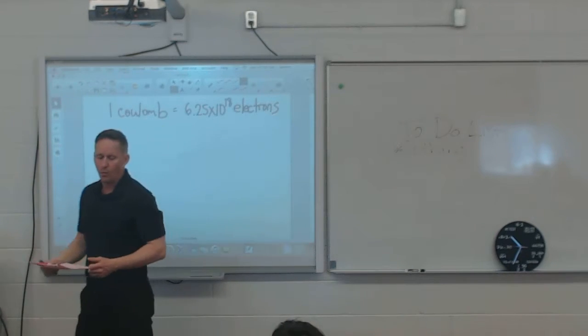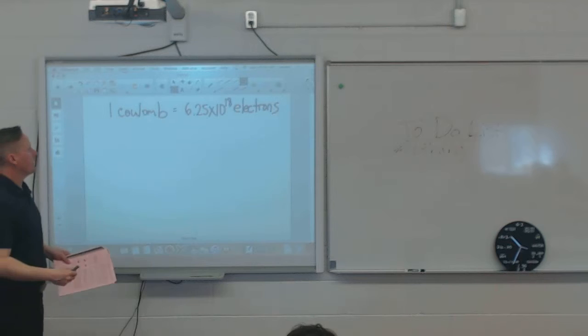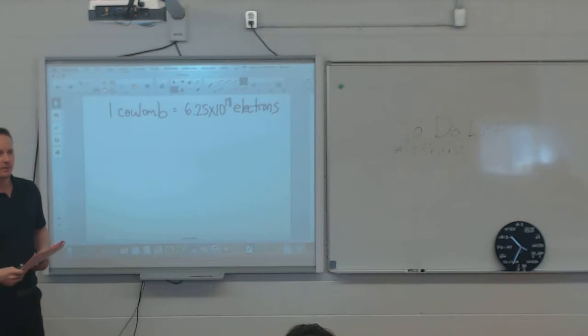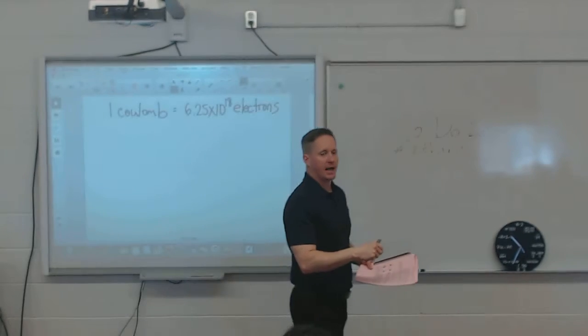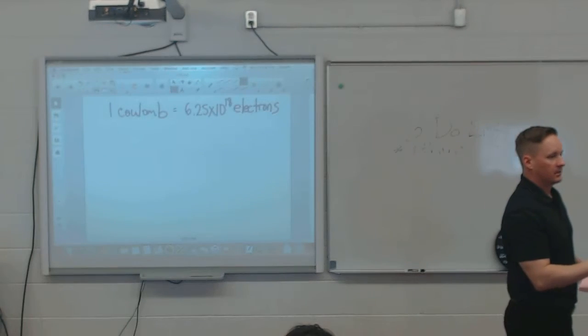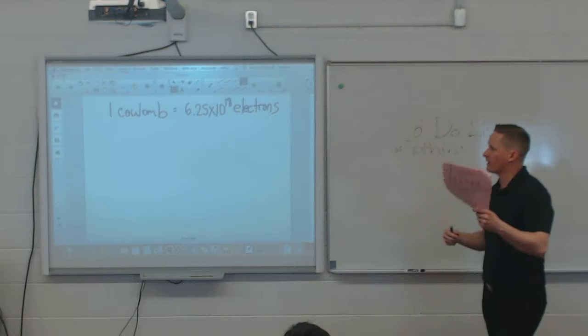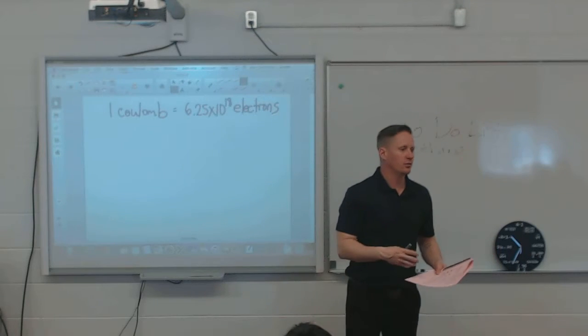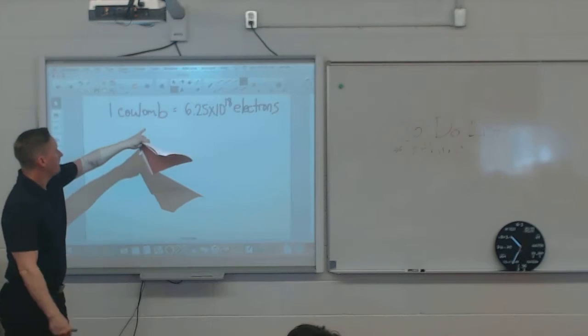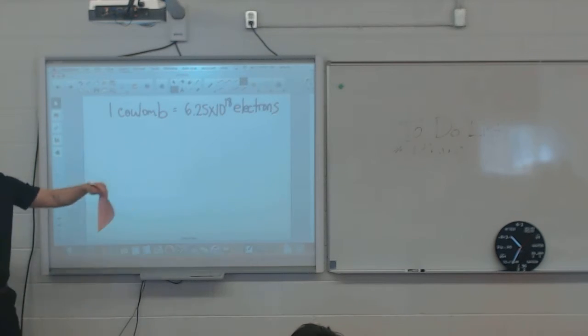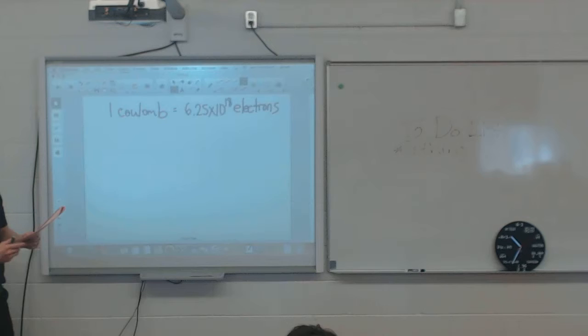Okay? So 1 coulomb is what we measure charge in. Alright? And then we go from coulombs to coulombs per second, which is an ampere. And then after an ampere, we work into joules of work. So we just keep building from this. This is our most basic building block that we're going to work with right now.